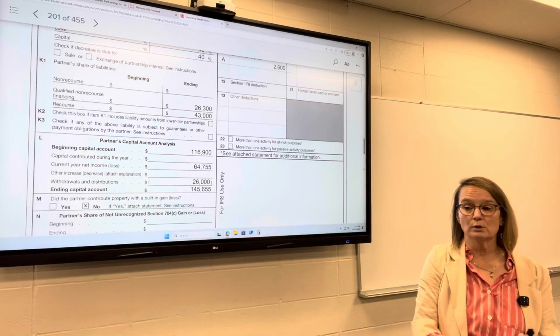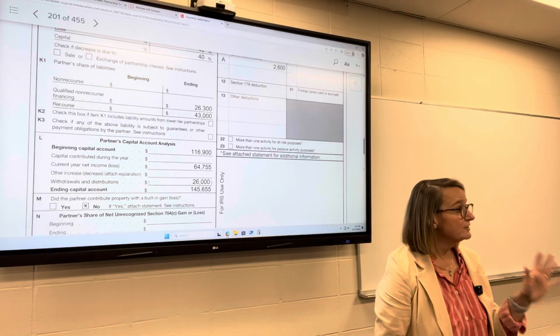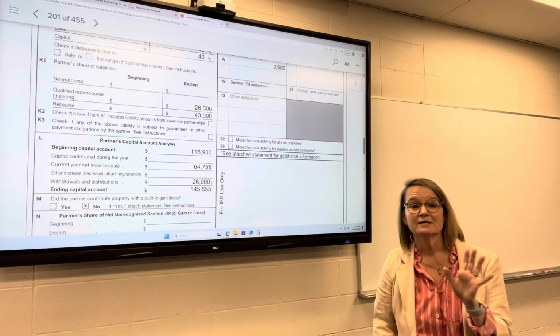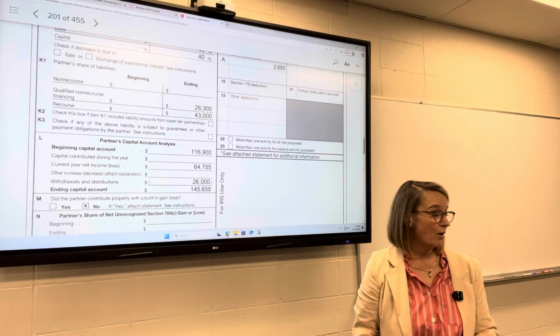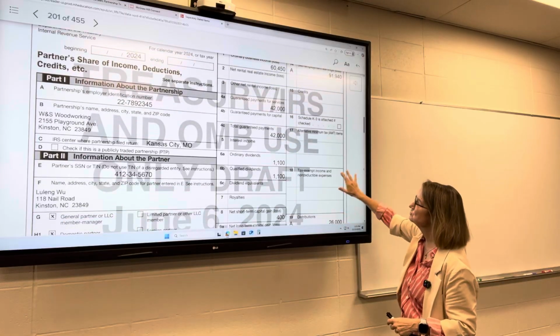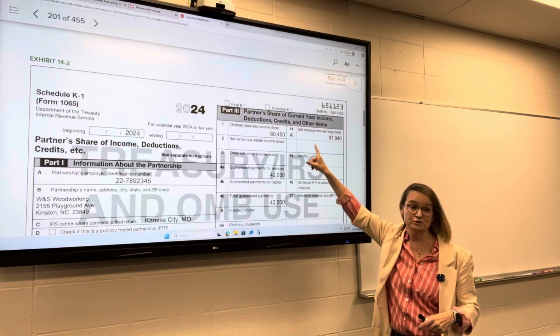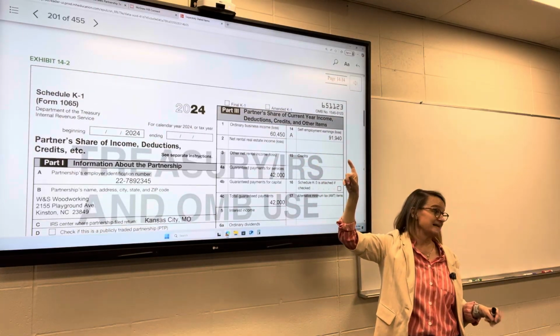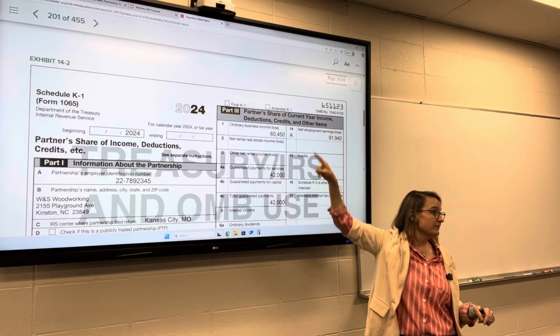You may not get a whole lot of cash out of it, but hopefully you're getting enough cash to pay the taxes that you're going to owe on the partnership. Because if there was no distribution, this partner is just going to have to come up with the taxes to pay on this income.